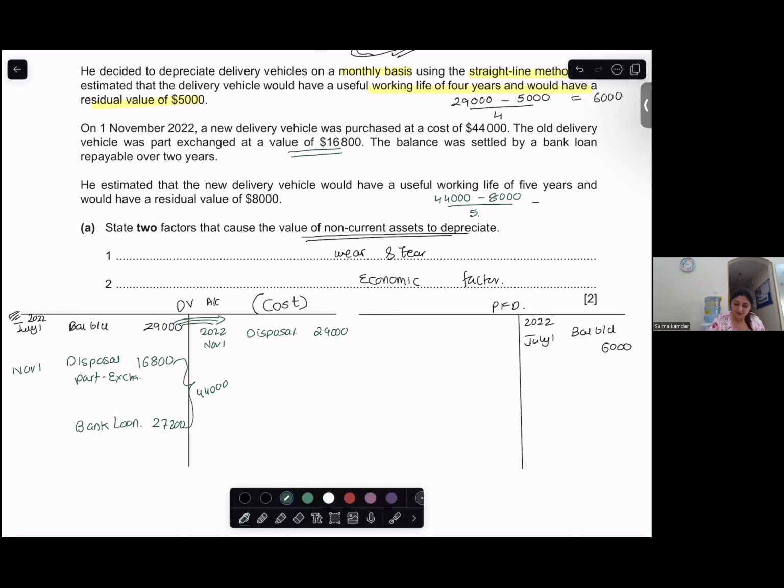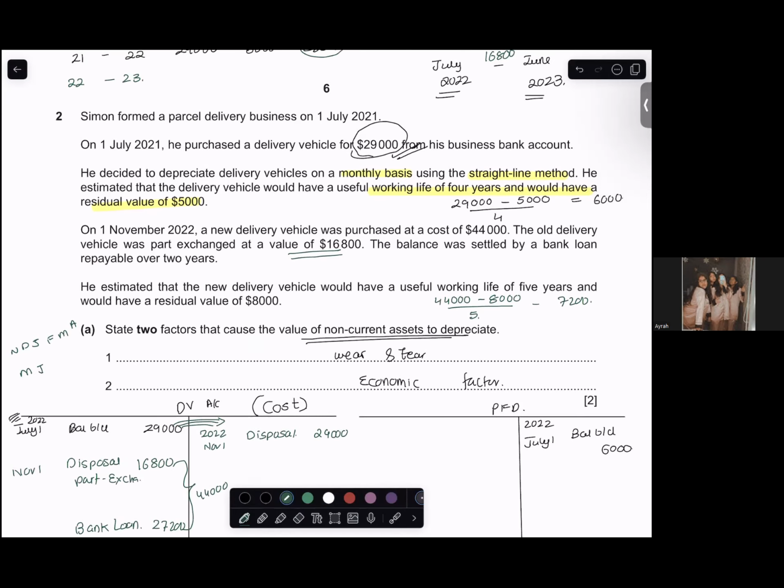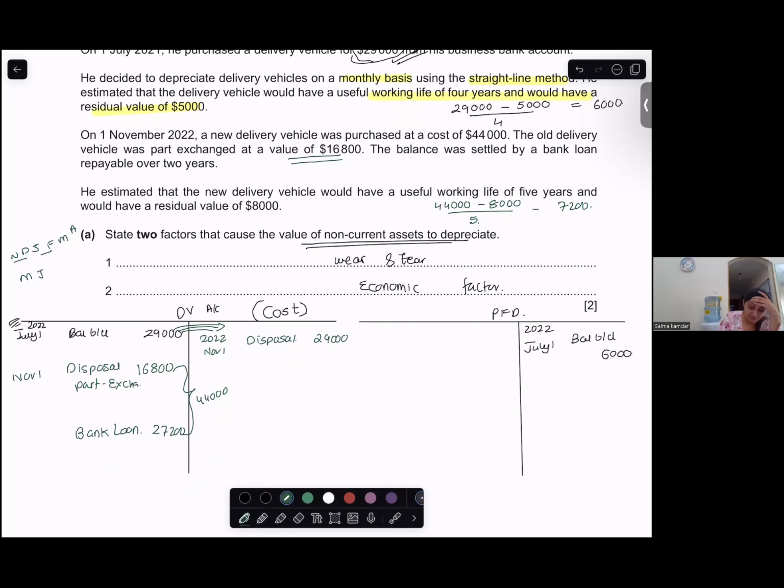And now you're going to use it for how many months? You bought it in November. So, November, December, January, February, March, April, May, June. How many months? 1, 2, 3, 4, 5, 6, 7, 8. Eight months.